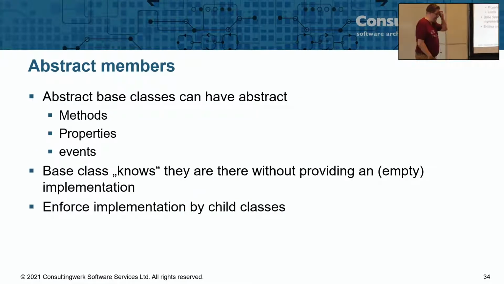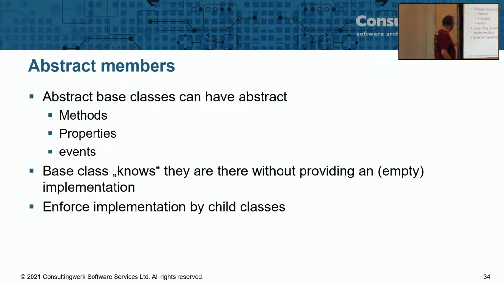So you can have abstract members. They can be very useful. The base class knows about them. It doesn't have to create an ugly, empty implementation of them. And the compiler then enforces that these methods are there.